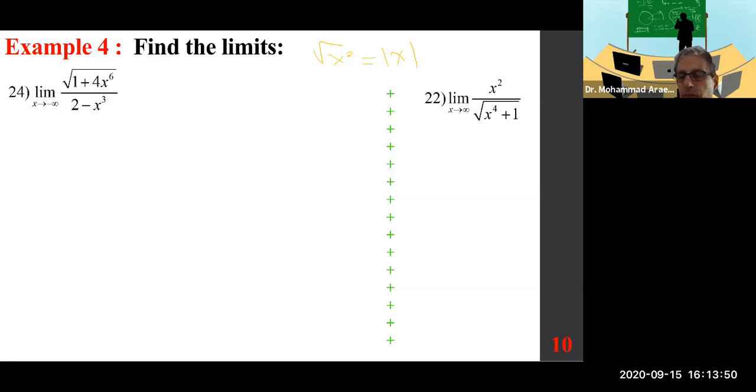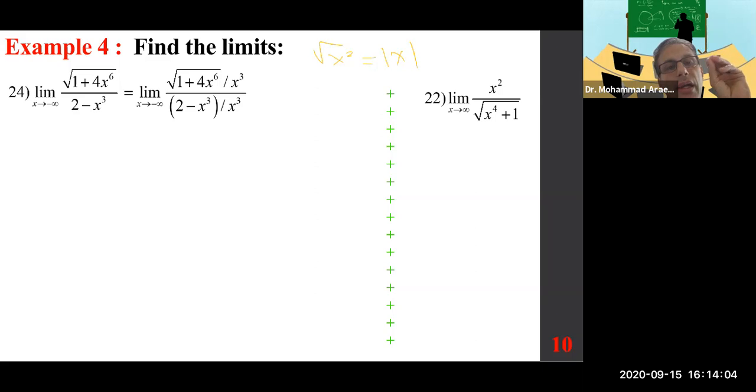So now, first of all, understand that x cubed is the same as x to the power of 6 under the radical, but it's positive or negative depending on whether x is approaching negative infinity or not. Now, we can divide the bottom and the top by x cubed. There are two different ways I'm going to approach that. What I want you to see is what happens when we take the x cubed in.